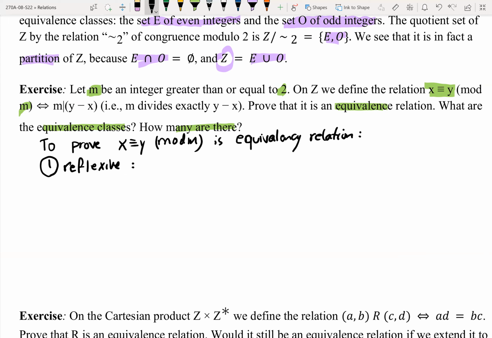What is reflexive? Reflexive means X has the same remainder as X in mod M.